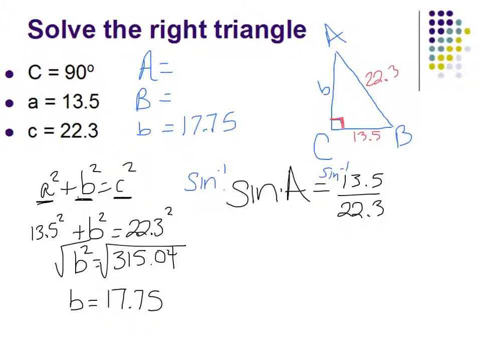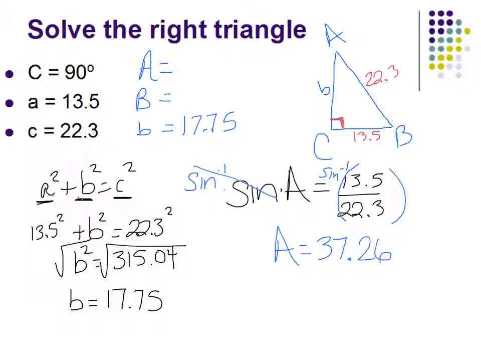So over here, those cancel out and you just have A equals, but all you're doing here is typing this in your calculator. You're going to do second sine to get your inverse sine. And then you'll do 13.5 divided by 22.3 and close your parenthesis and put equals. Okay, and so what that tells you is that your angle A is going to be 37.26.